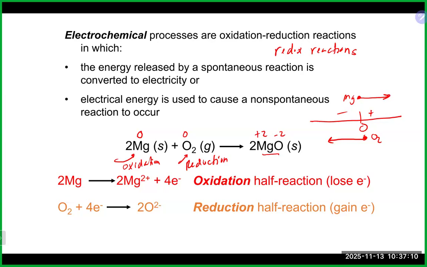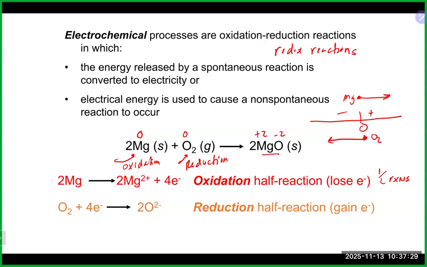We could take this reaction and split it up into what are known as half reactions. There's an oxidation half reaction and a reduction half reaction, and they basically show half of what's going on.